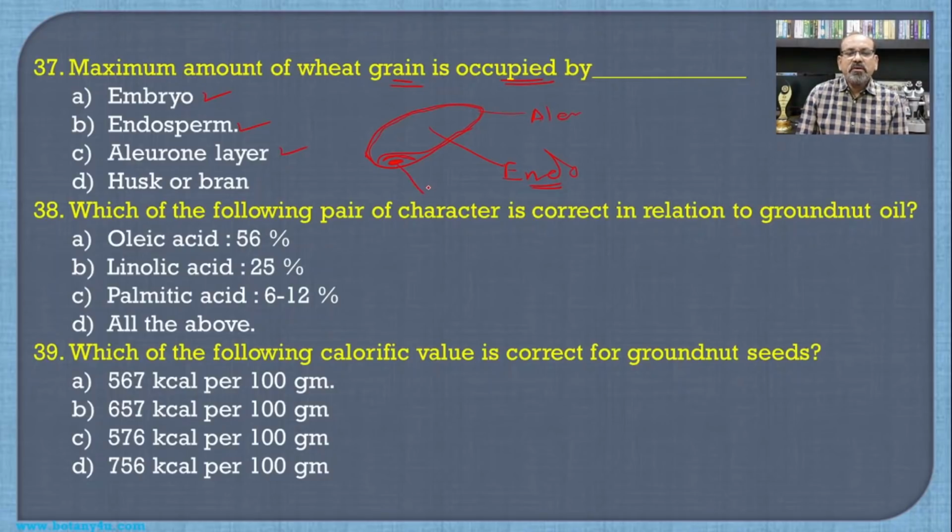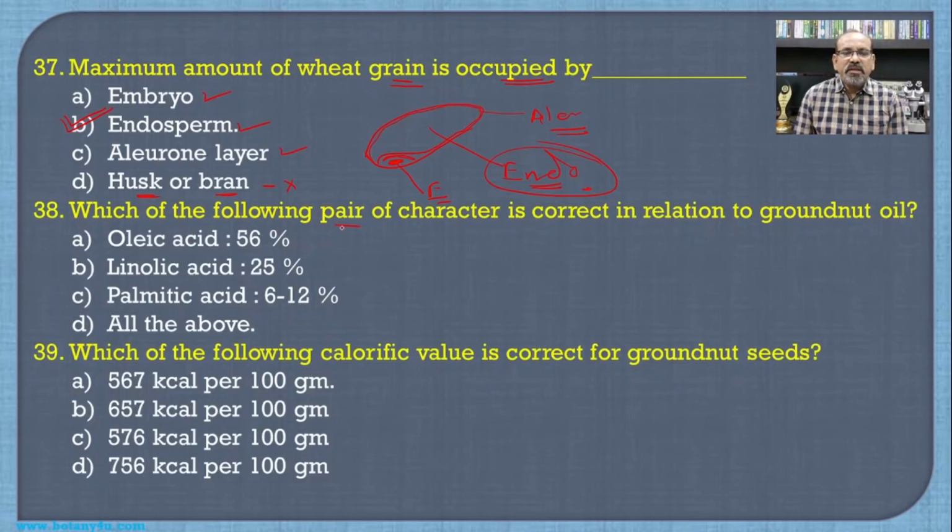So among the embryo, endosperm and aleurone layer, the maximum amount is occupied by the endosperm in the seed, and hence it is the answer. While the husk or the bran is not usually found in the wheat plant, there is a very thin layer of the fruit wall, that is the pericarp, fused to the testa of the seed.